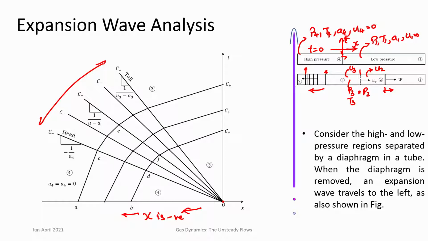Along a particular C plus curve, which joins region 4 and region 3, J plus is a constant.